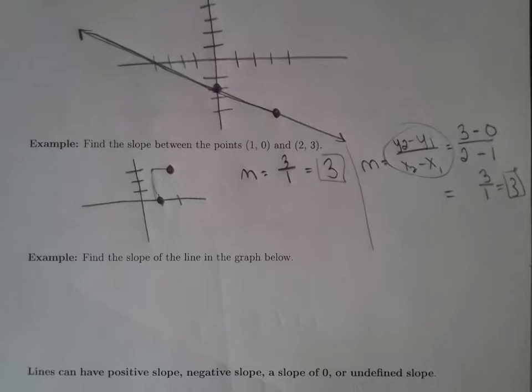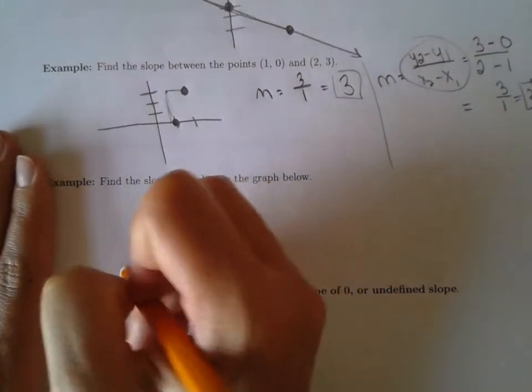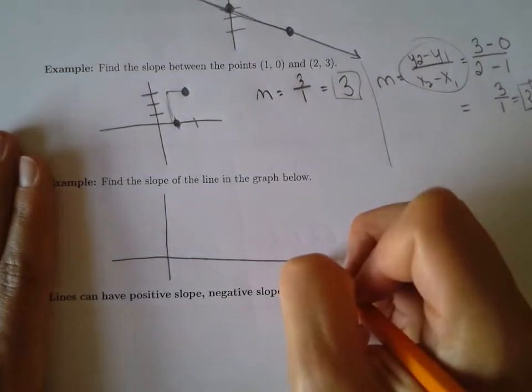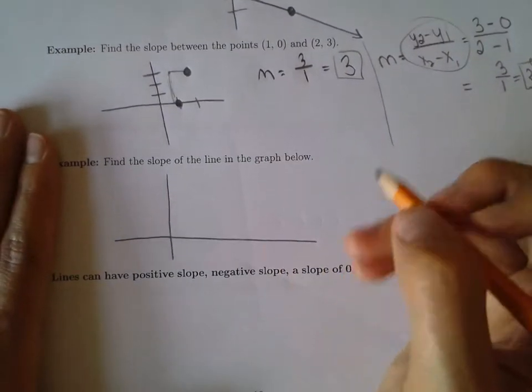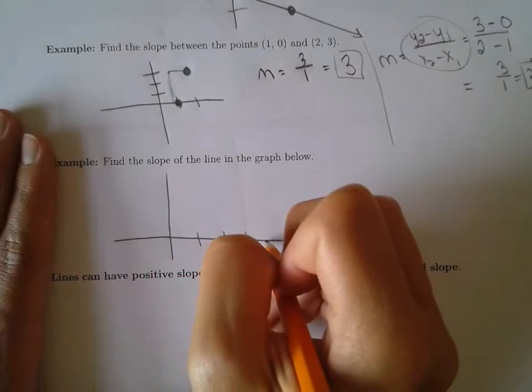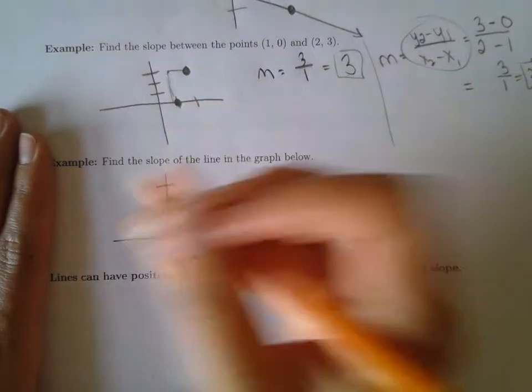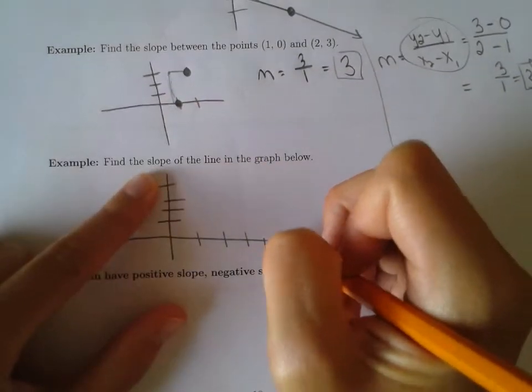Next example says find the slope of the line in the graph below. I'm going to go ahead and draw in 2 points with a line. Out 5, up 4 is all we need.